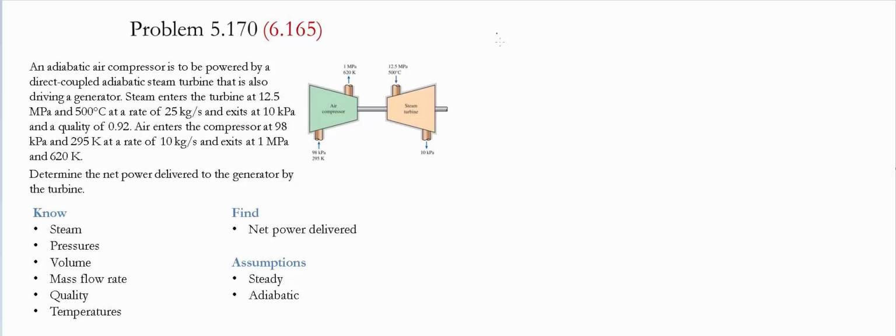We start the problem by writing the mass balance. The mass flow rate going in minus the mass flow rate leaving is equal to the change of the mass in the system. Since this is a steady system, this value is equal to 0. Notice that for each one of the components there is only one entrance and one exit.